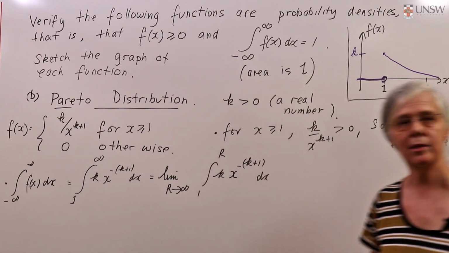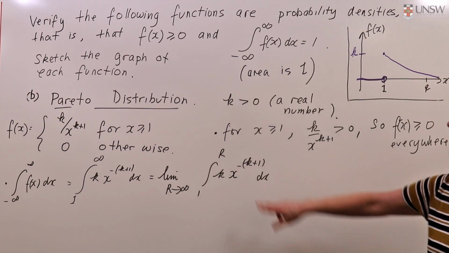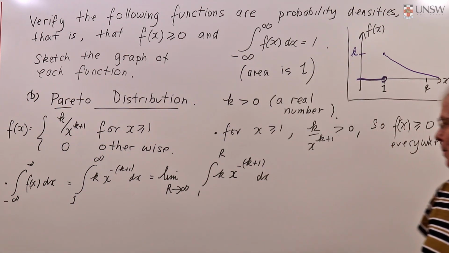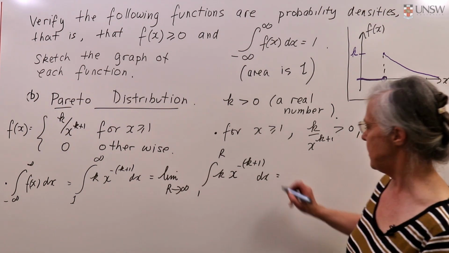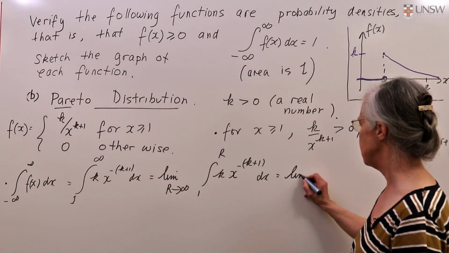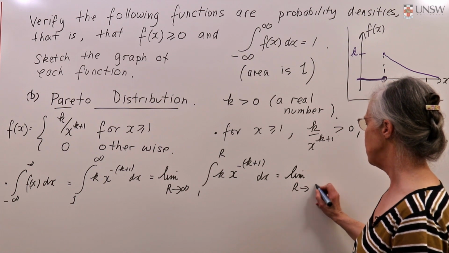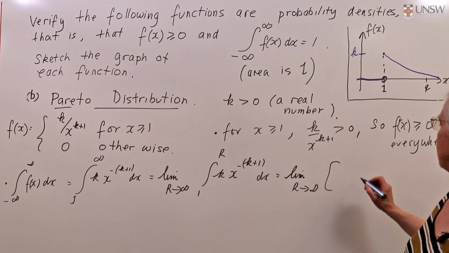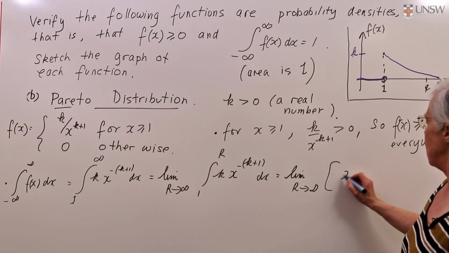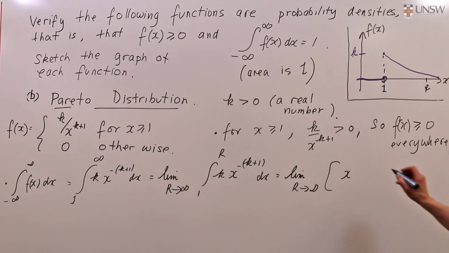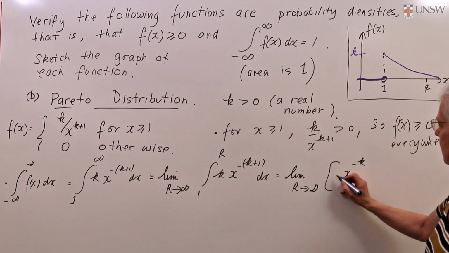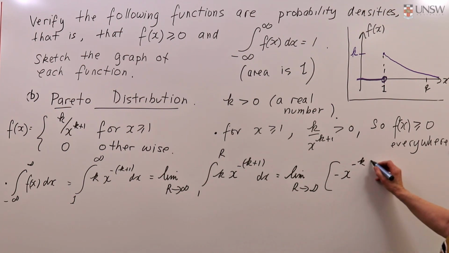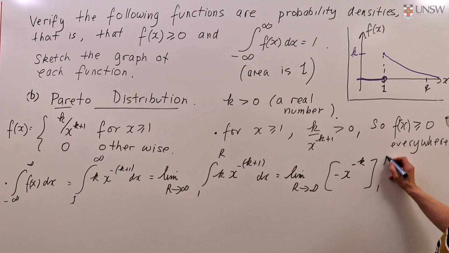Okay, this is the integral of k x to the minus (k plus 1) dx. This is going to be the limit as r tends to infinity of, and when we do this integration, we're going to get minus x to the minus k, evaluated between 1 and r.